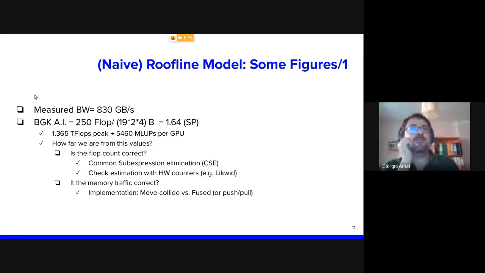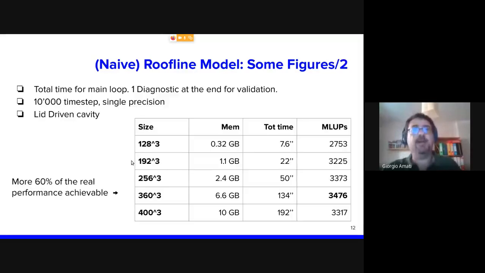This means that the peak performance for each single GPU is something more than 5,000 megaflops. Then we can check in our code how far we are from this value, after having checked with hardware counters, for example, that the assumptions on floating point operations and bandwidth data movement are coherent. Obviously, if these assumptions are not correct, all the information is wrong.